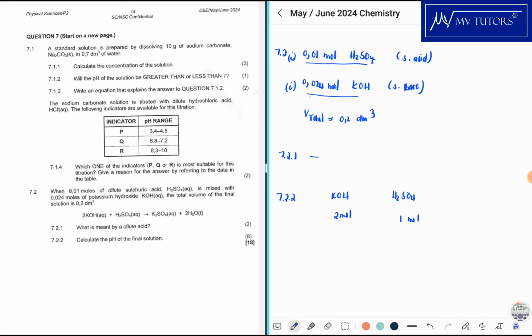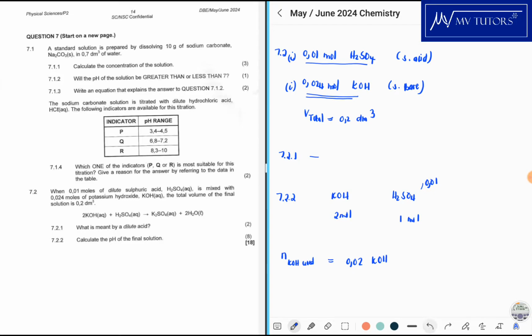If we have our initial mole for potassium hydroxide, what will be the number of moles that are used up in this reaction? If I have 1 mole of sulfuric acid, which is now 0,01, then it means I need to have twice for potassium hydroxide.